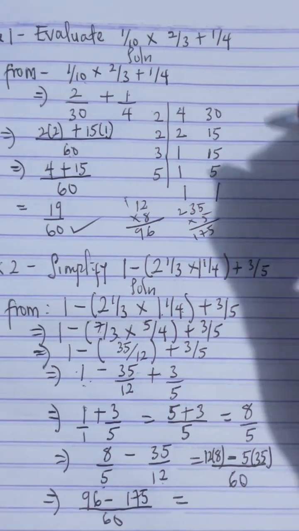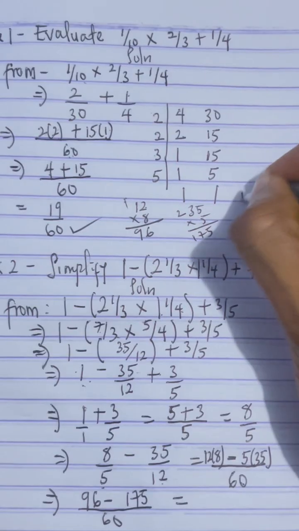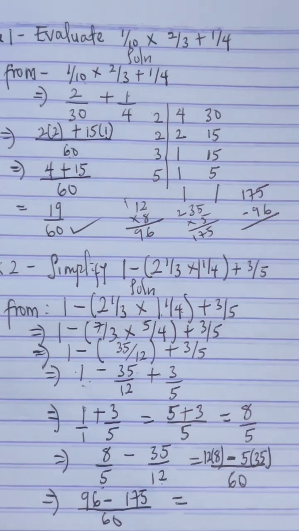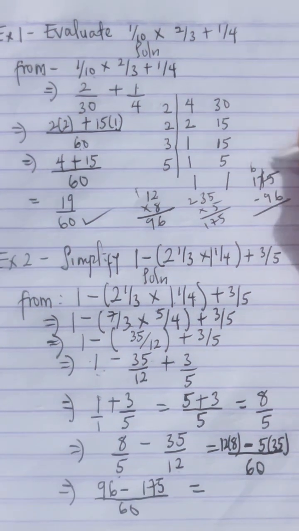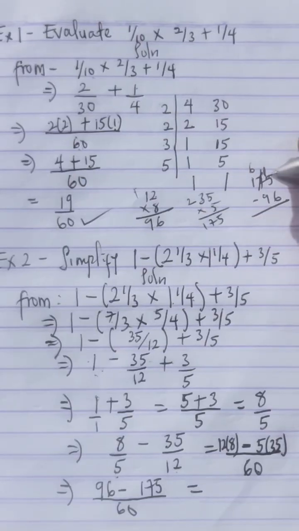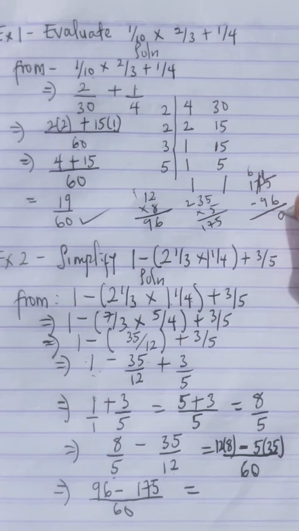So our final answer, we get 96 minus 175. So let's take off 96 from 175. So 175 minus 96. So we'll bring the one here. So we have 15, right? So 15 minus 6, that gives us 9, right?